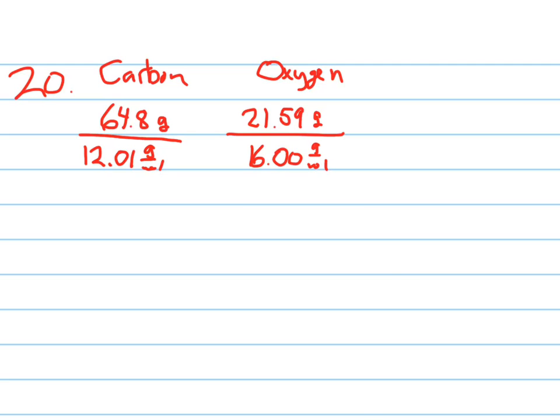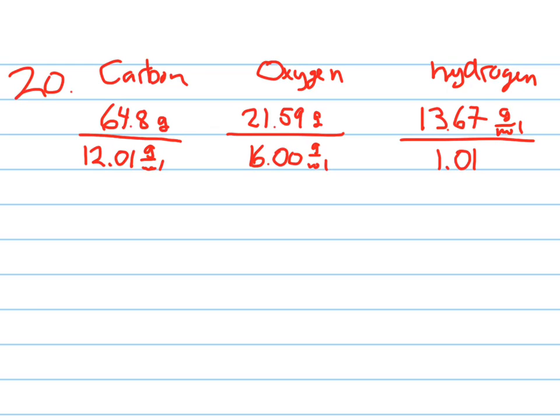And we also have hydrogen, which is 13.67 grams, and 1.01 grams per mole, and the units, of course, on the top should have been simply grams. There we go. So we're going to figure out how many moles of carbon we have. So that's 64.8 divided by 12.01.